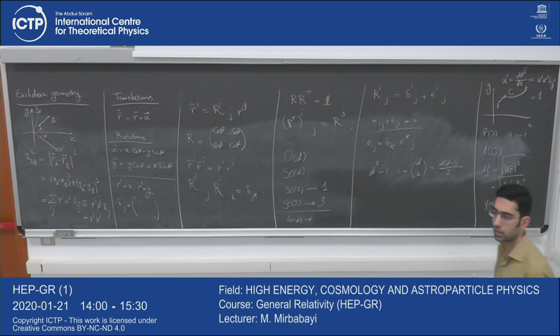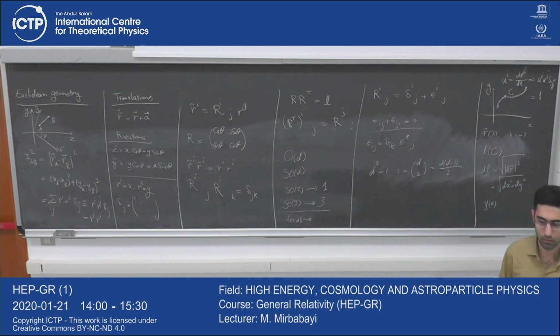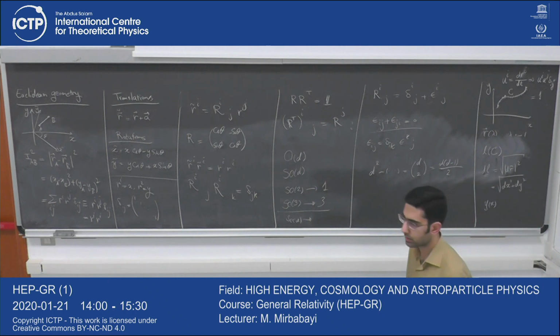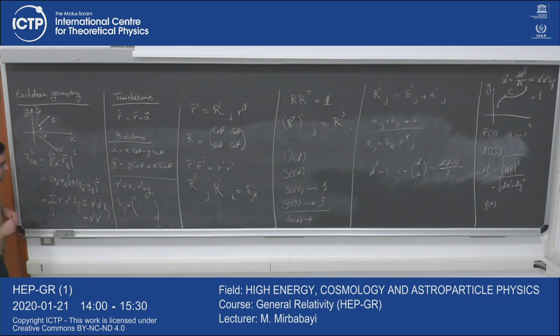In special relativity, we put time and space on more equal footing, and we talk about Lorentzian geometry, which is very similar to what we talked about here for Euclidean, except that now the line element that we define is different. It's based on the Minkowski metric.